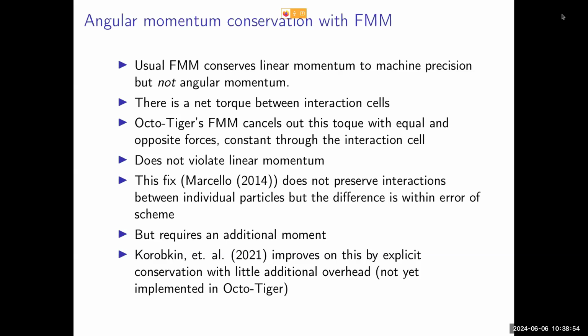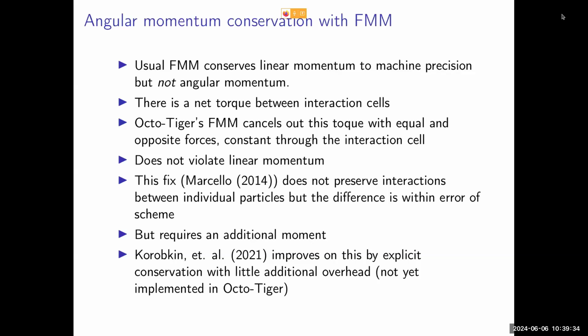So the reason that FMM violates angular momentum is if you add up the torques from the FMM equation, you'll find there's a net torque between any two interacting cells in the hierarchy. So our fix is kind of not pretty, but we just add a constant force equal and opposite across each cell, just to cancel that out, and it's equal and opposite, so it doesn't violate linear momentum.